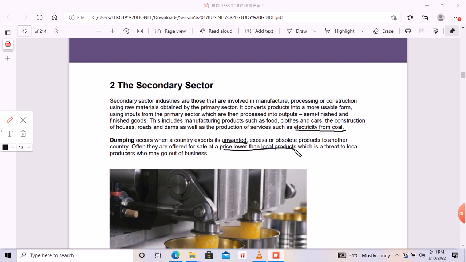Meaning that if a shop has some goods that they bought from suppliers, and at the end of the day people are no longer buying them, they will sell them to other countries at lower prices, and this may be a threat to local producers who may go out of business.